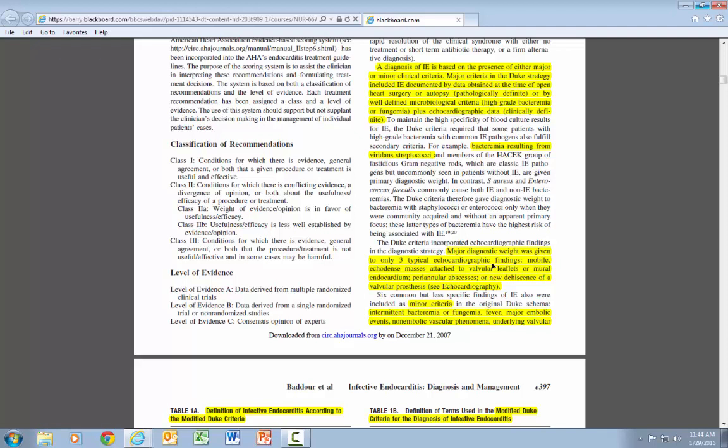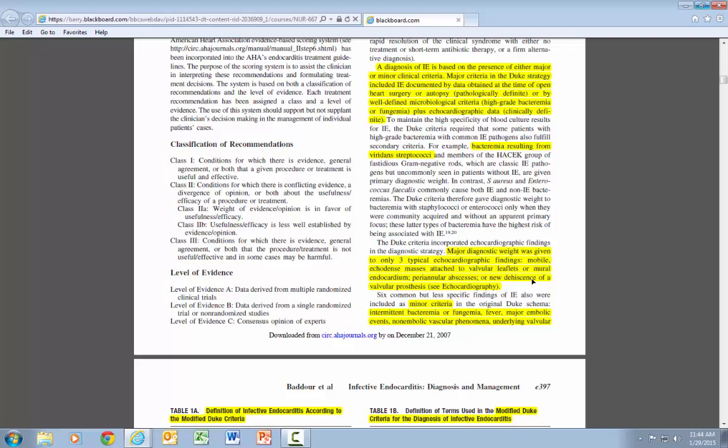So when the major criteria mentions the echocardiogram, remember that we discussed already that if there is any presence of a mobile mass attached to any valvular leaflet or any mural endocardium, thrombi, or any abscess or any new dehiscence of a valvular prosthesis, that's a major criteria.